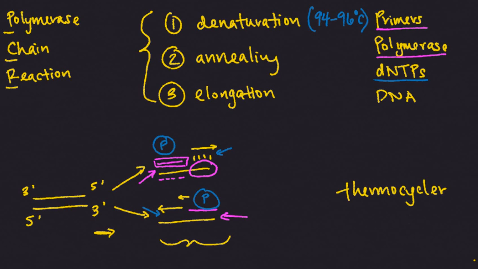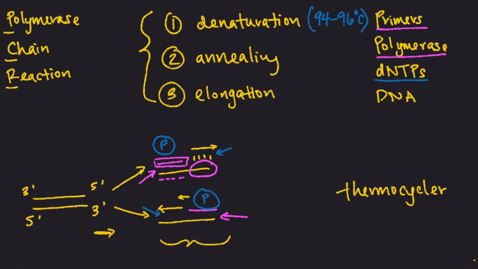So I need to bring that temperature down to where the primer is functioning optimally. Each primer has a very specific melting temperature, and an annealing temperature is usually about 5 degrees below that melting temperature for that primer.